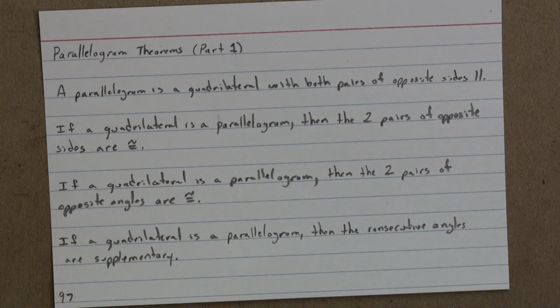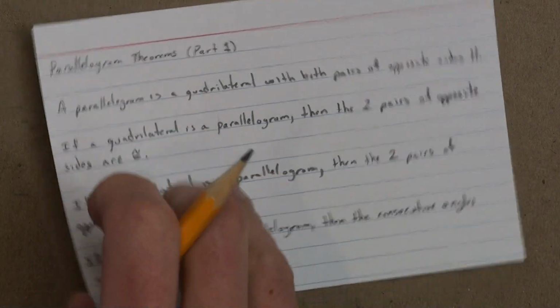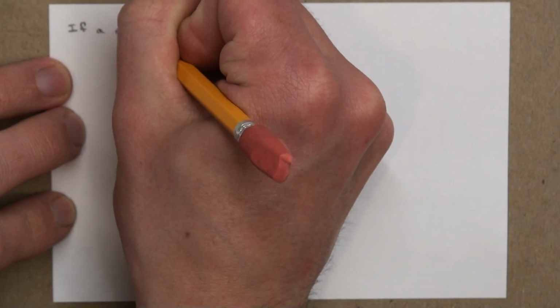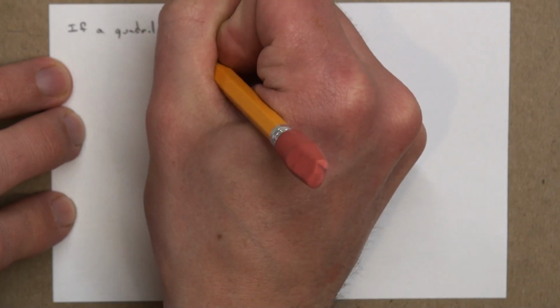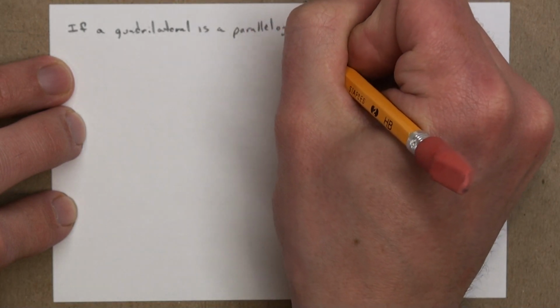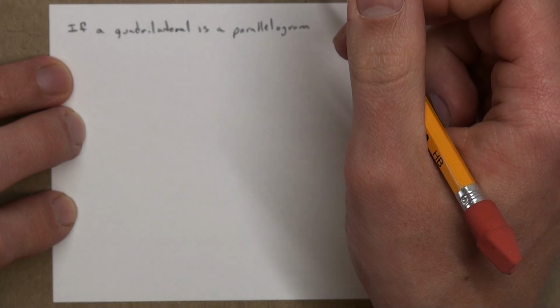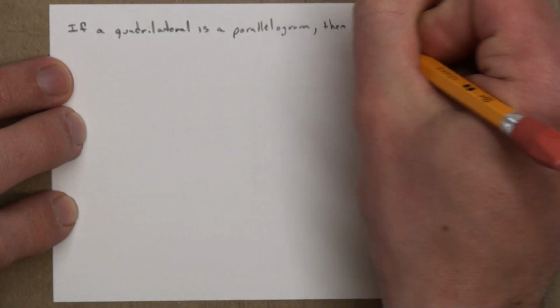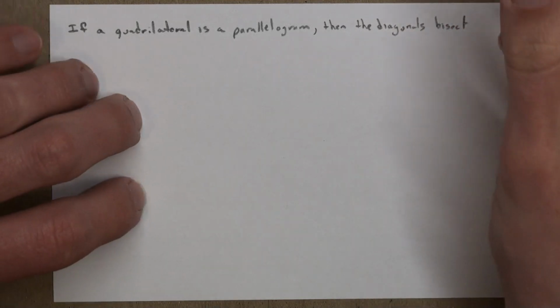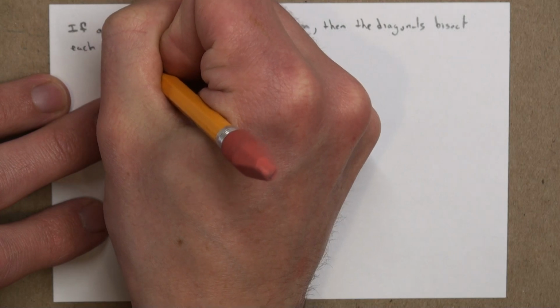Okay, let's finish the first part here. If a quadrilateral is a parallelogram, then the diagonals bisect each other.